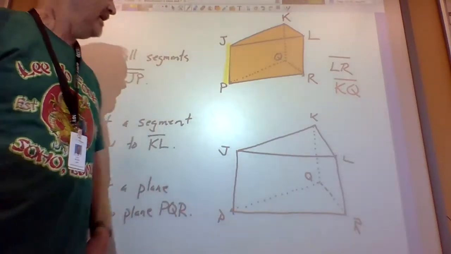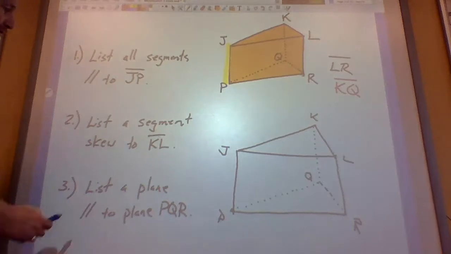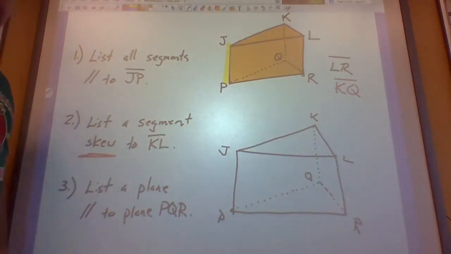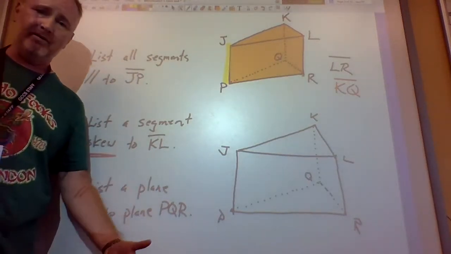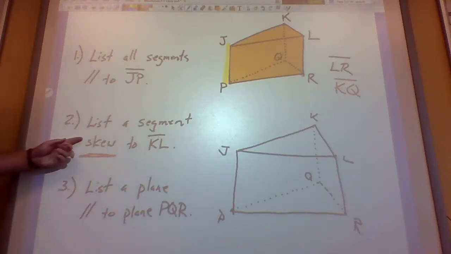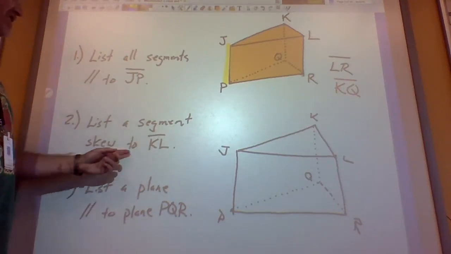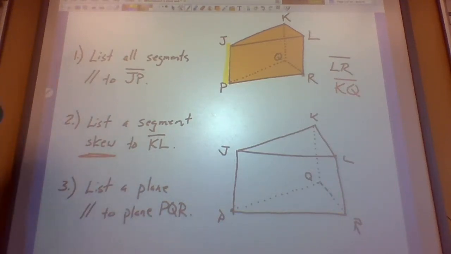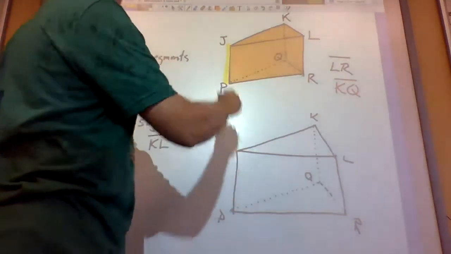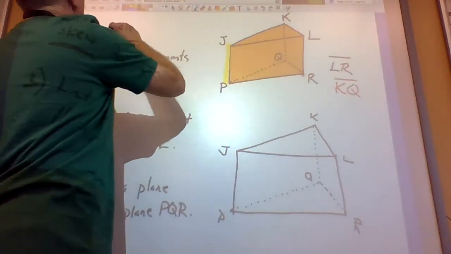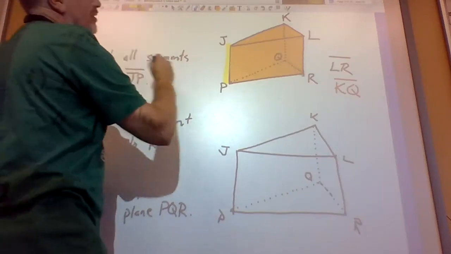Pretty easy one, right? Now, let's go to this new vocab word, skew, which you probably had never been introduced to until about last screen. List a segment that is skewed to KL. All right, so I'm going to highlight KL in a pretty purple color. Here's KL.